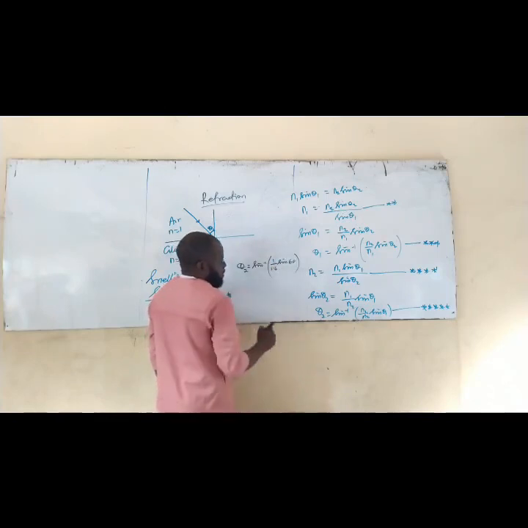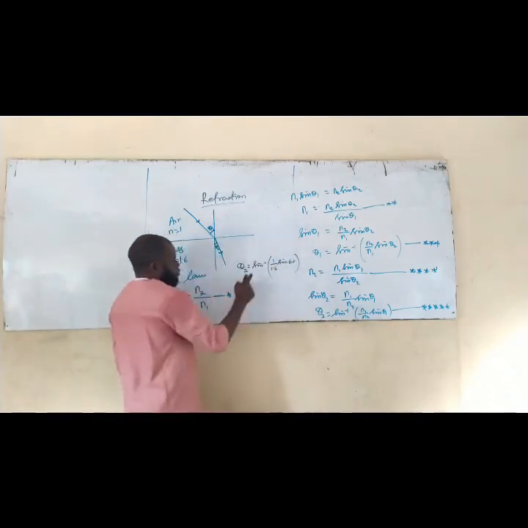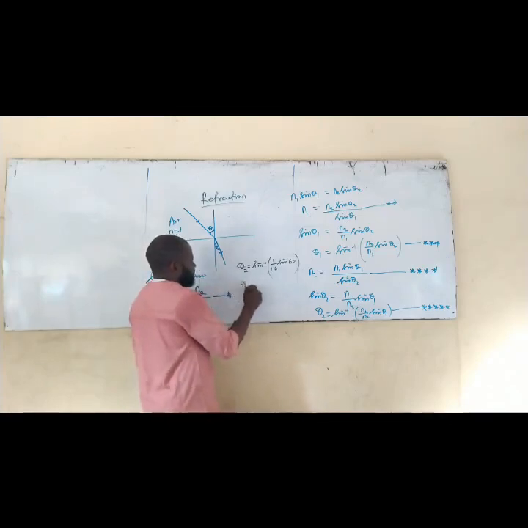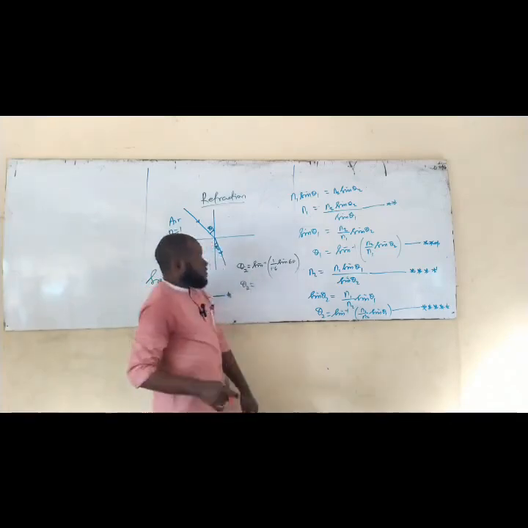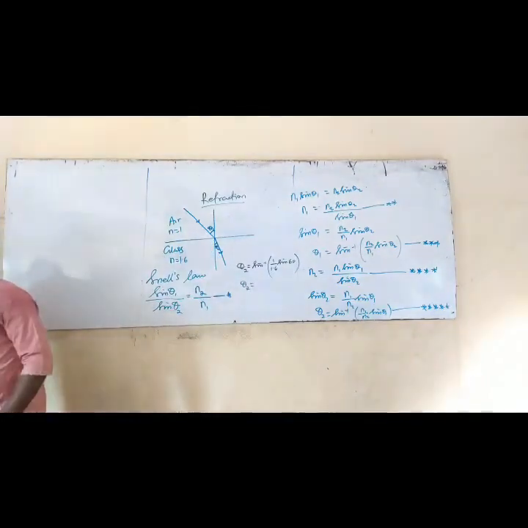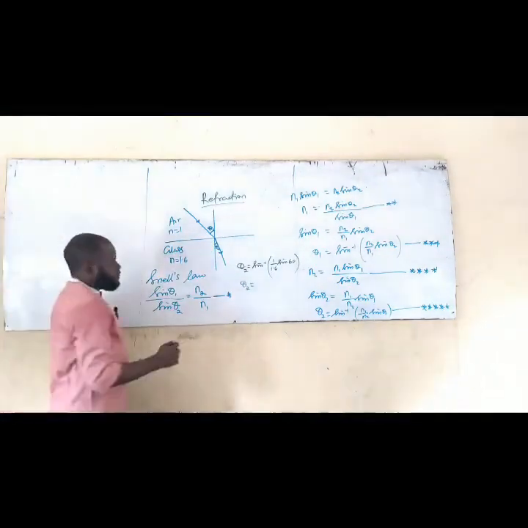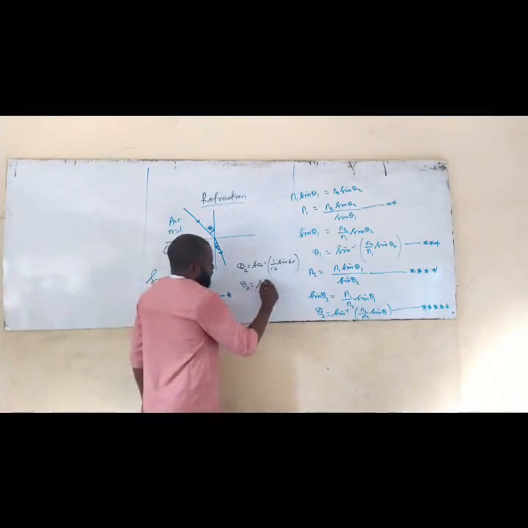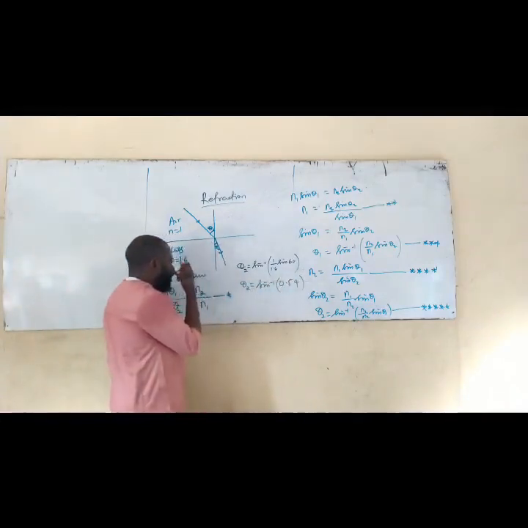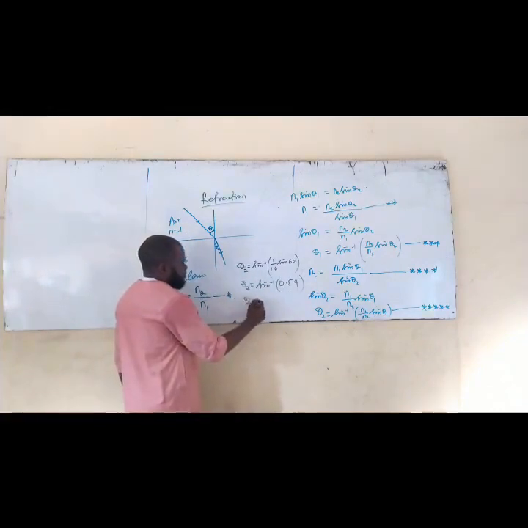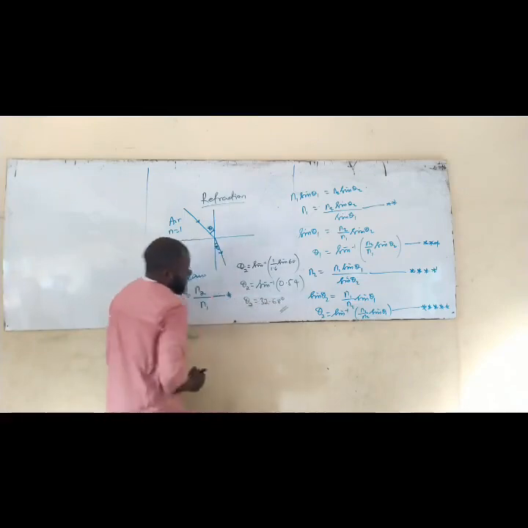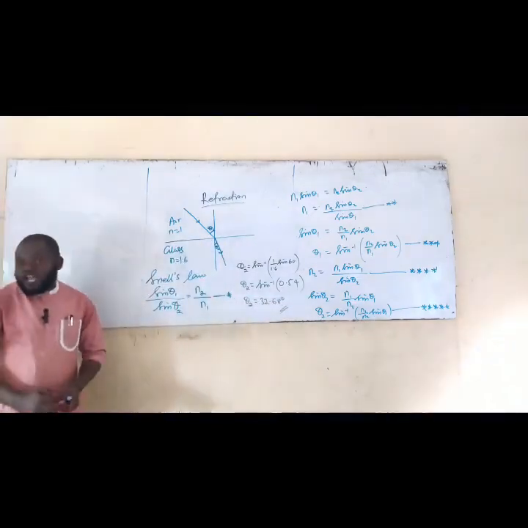So sine 60 divided by 1.6, what do you have? 0.54. So arcsine of 0.54. What do you have when you take the arcsine? 32.68 degrees.